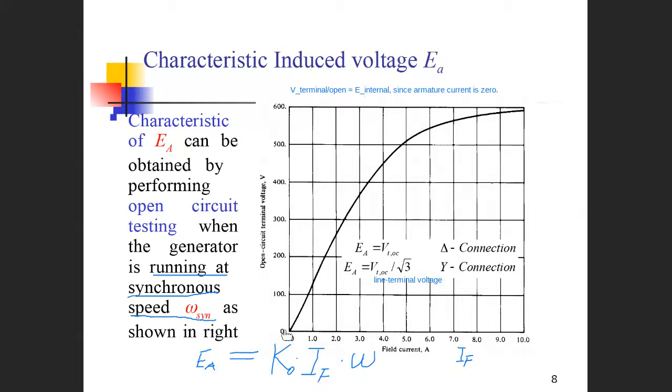So the chi here is a constant related to the permeabilities, or related to the inductance of core materials. Okay, field currents and the rotor speed. So for doing the open circuit test, maintaining the rotation speed constant is a very important part of it. So then you will go to the open circuit, right?